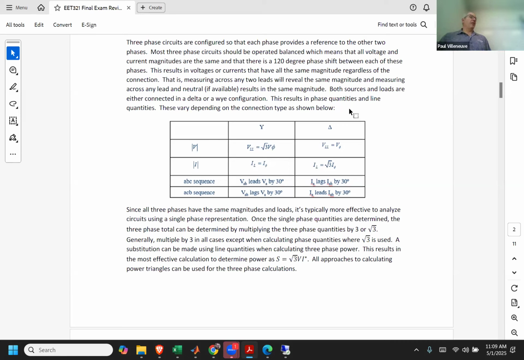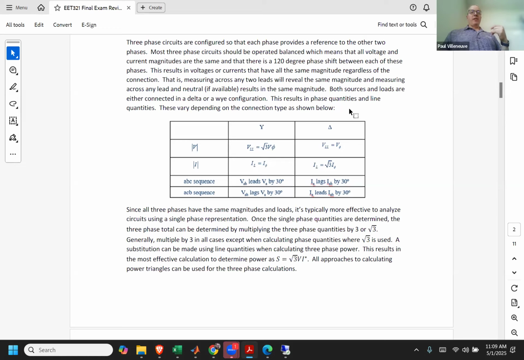We also understood that there's ABC sequence, which those three phasors, VA, VB, VC, or IA, IB, IC, are always going to be 120 degrees apart. But the rotation of those phasors, which one do you see first? It's always phase A. And then do you see B or C next? That will make more sense if you take the follow-on class and why we switch them, because sometimes we use another term which is called positive sequence rotation or negative sequence rotation.